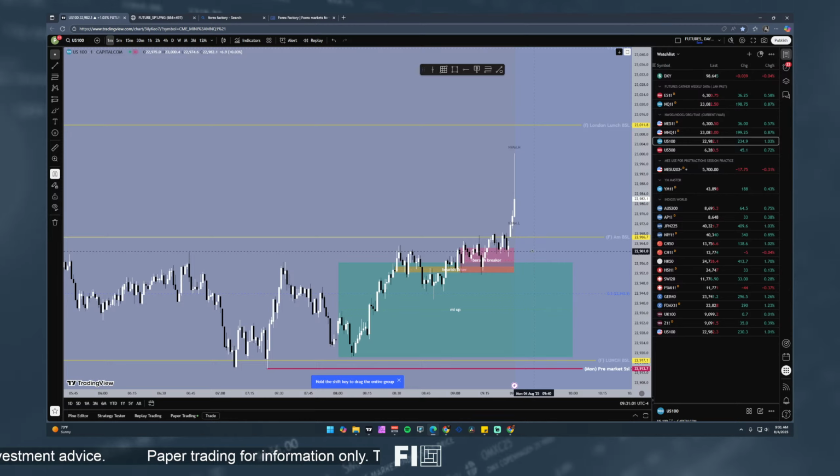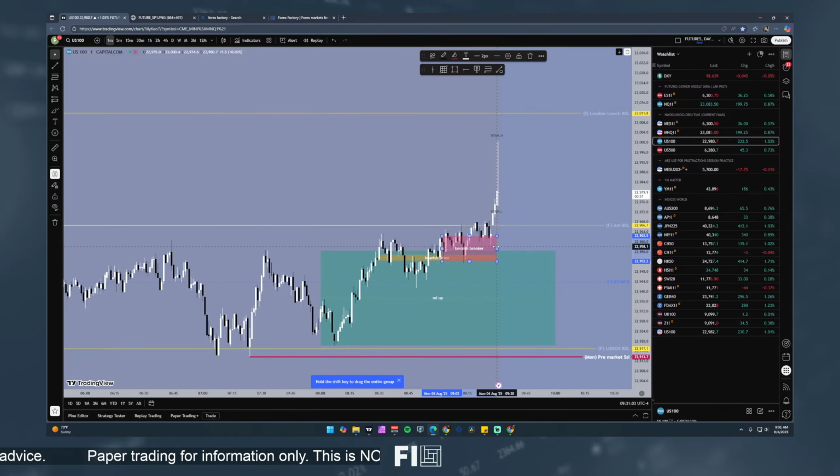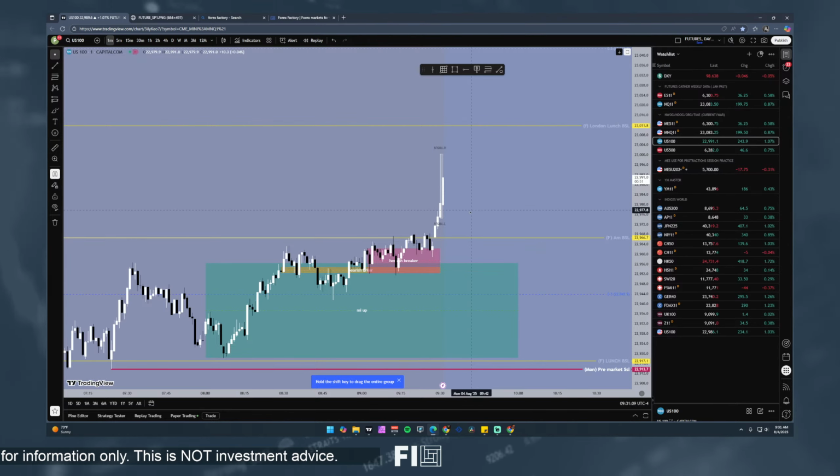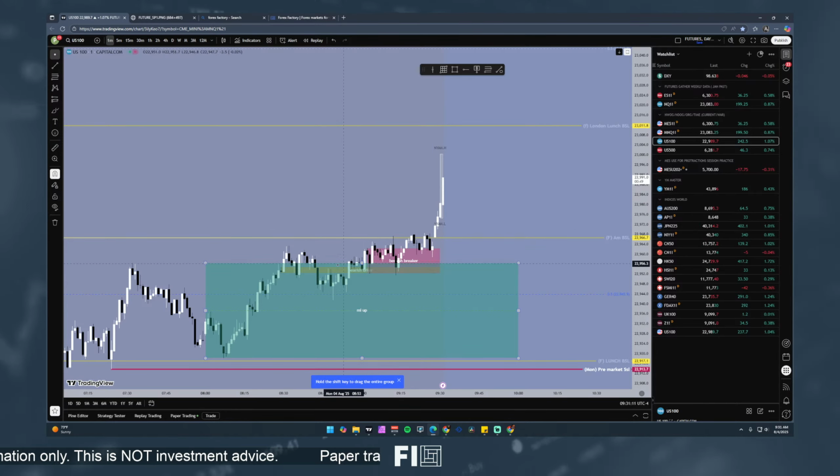Alright, so this trade would have been dealt with, meaning that it would have been already break even the moment the stock market opened up. And now we're looking to see if this trend will continue.